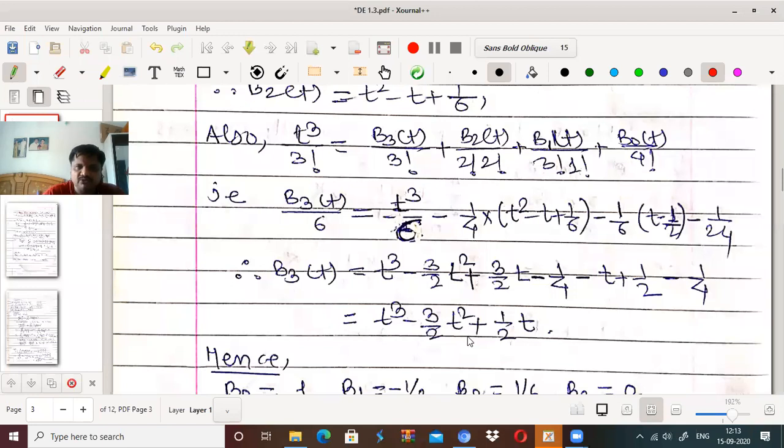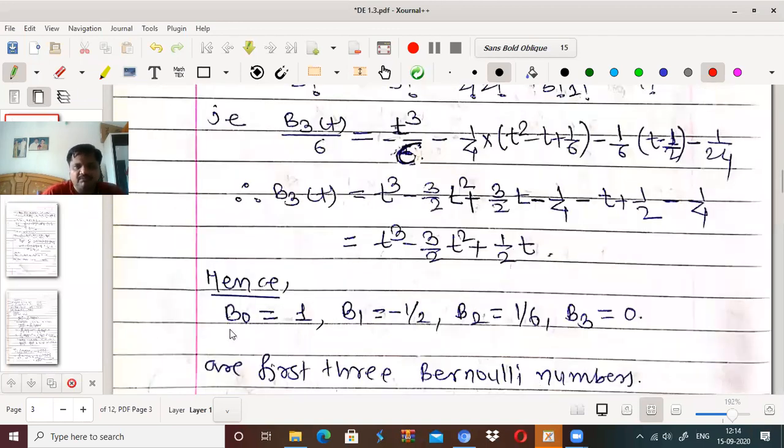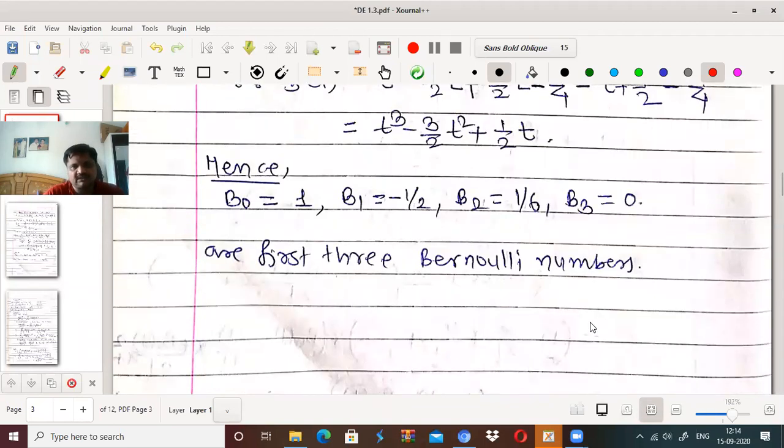And by putting t equal to 0 in each of these, we obtain B0 equal to 1, B1 equal to minus 1 by 2, B2 equal to 1 upon 6, B3 equal to 0, because each term contains t there. So these are the initial Bernoulli numbers: first, second and third. Okay.